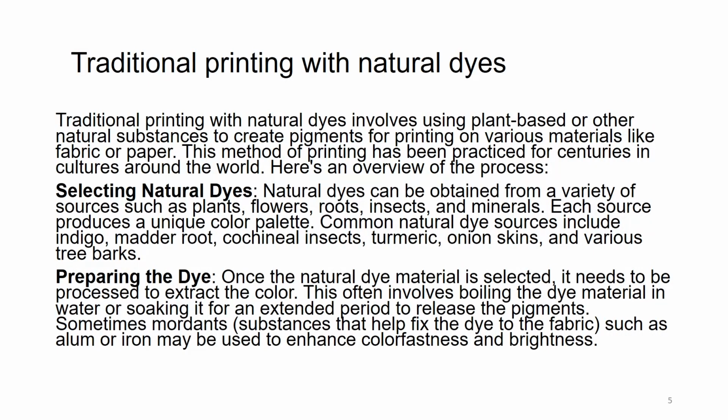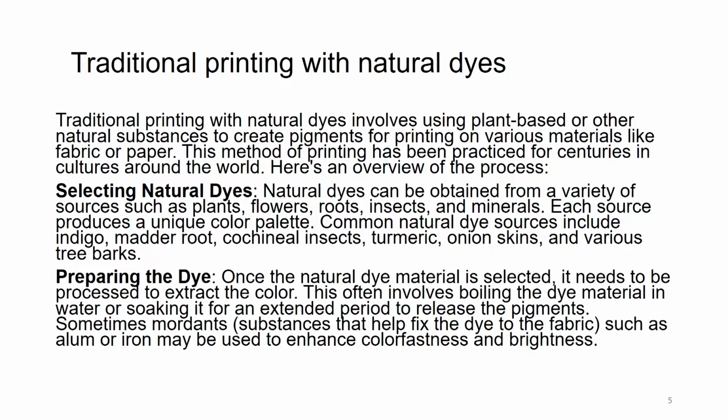How do we prepare the dye? It is not the same as what we prepare for dyeing. So, preparation of dye for printing is slightly different from the preparation of dye bath for dyeing. Once the natural dye material is selected, it needs to be processed to extract the color. The extraction process remains the same.